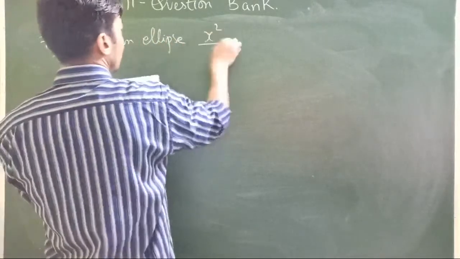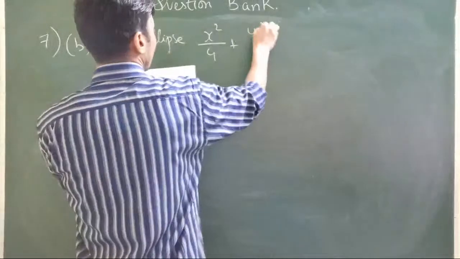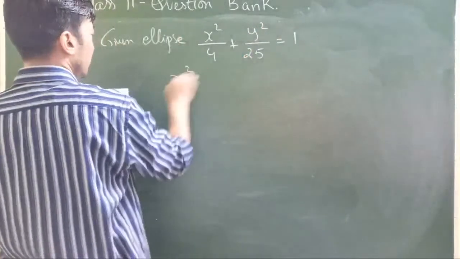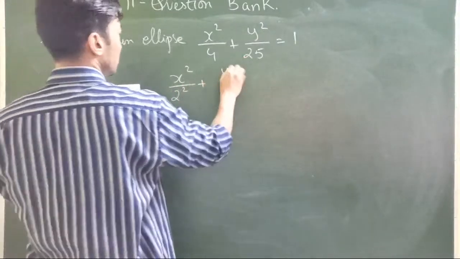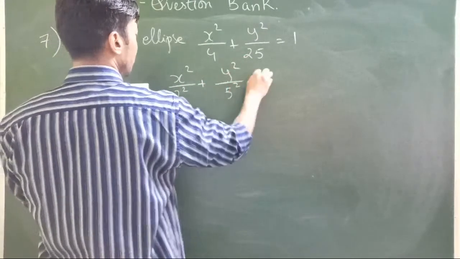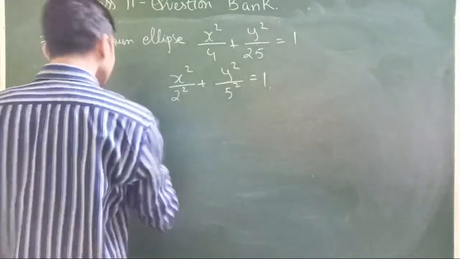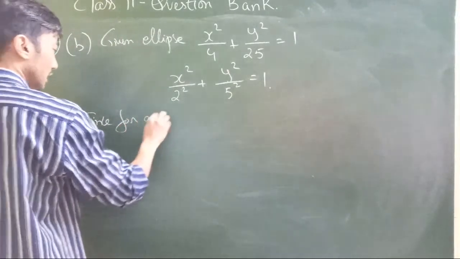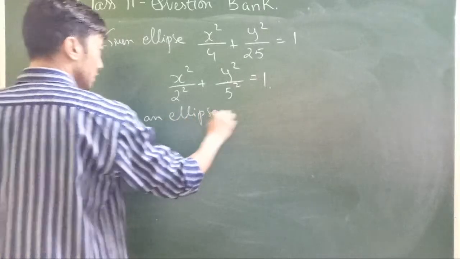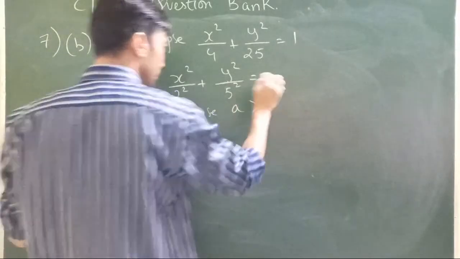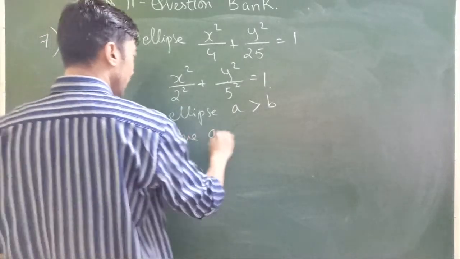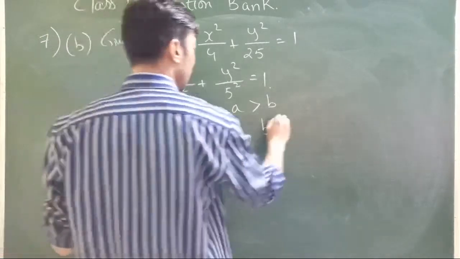Given ellipse, x squared by 4 plus y squared by 25 is equal to 1, which can again be written in the form x squared by 2 squared plus y squared by 5 squared is equal to 1. Now since for an ellipse, a always has to be greater than b, here a is 5 and b is 2.